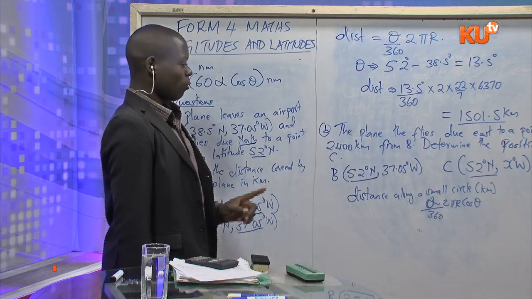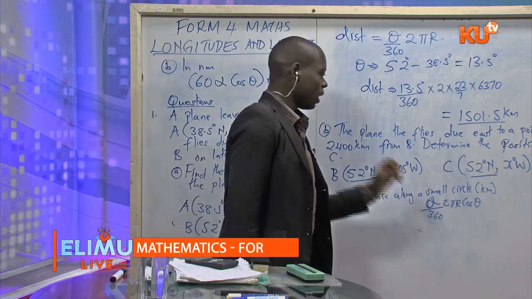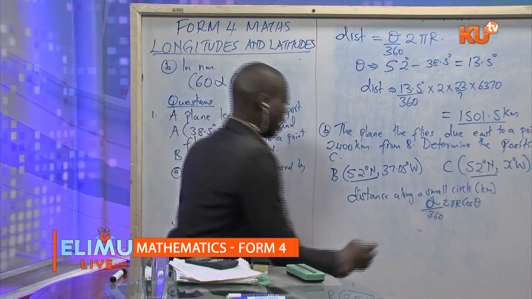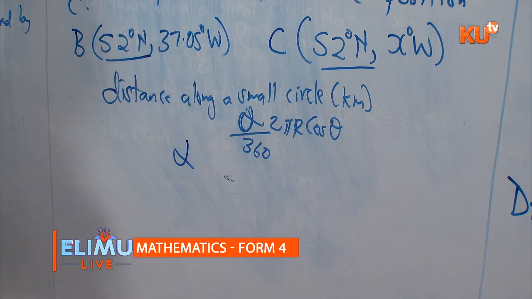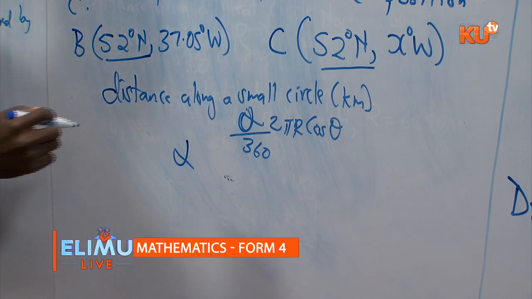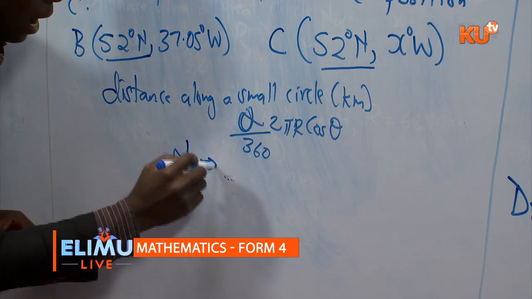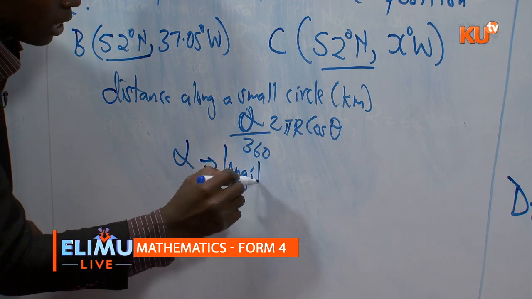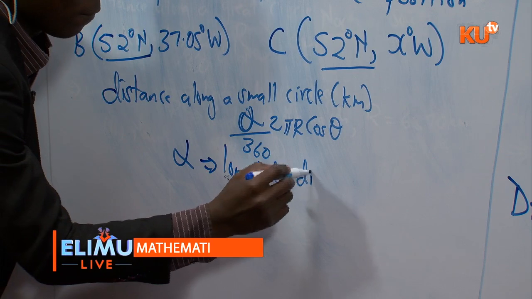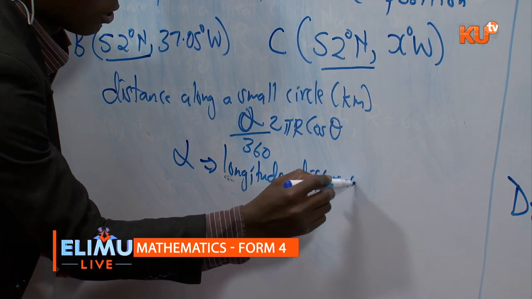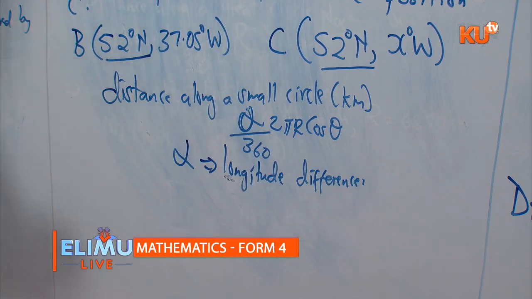So the first task that we have is to determine what is theta, what is alpha. Alpha means the longitude difference, the difference in the longitudes. So I will still use alpha, I will not introduce another constant.